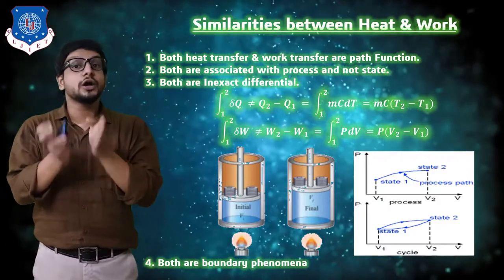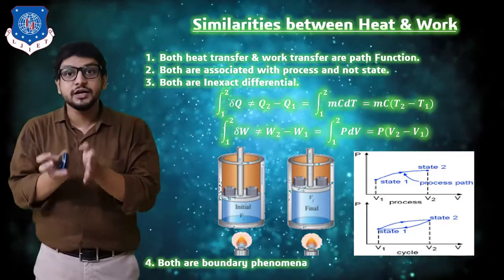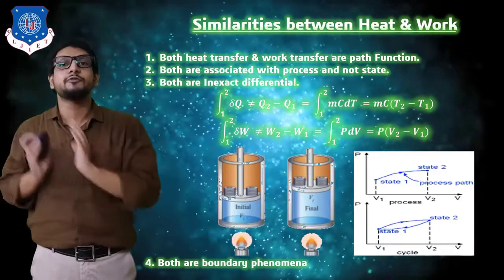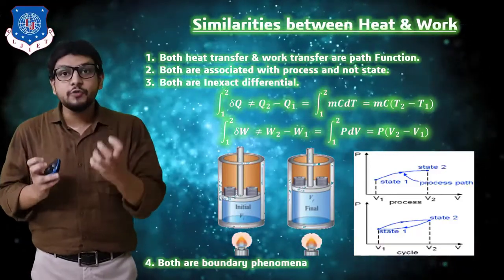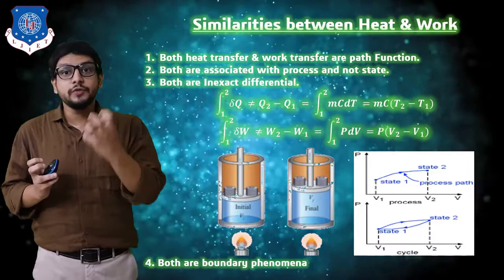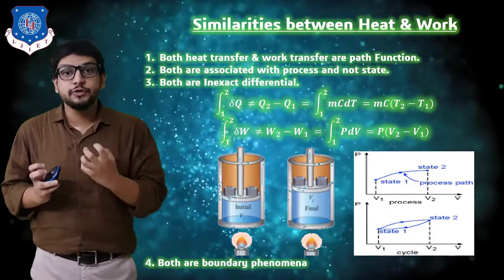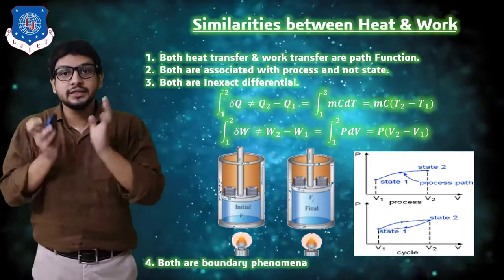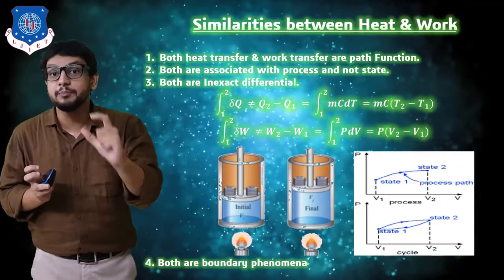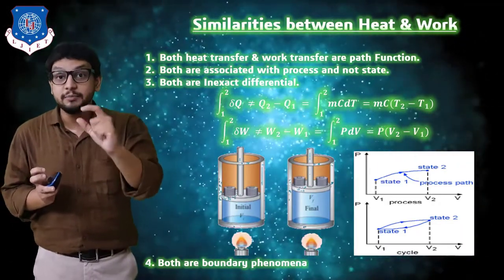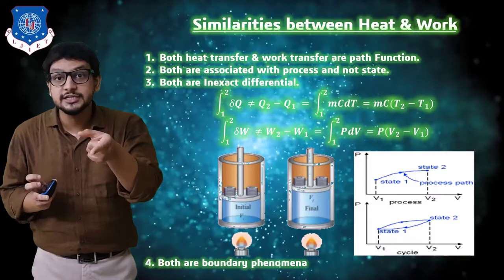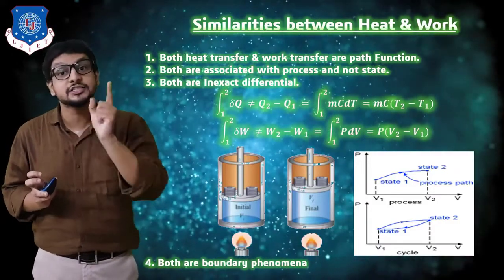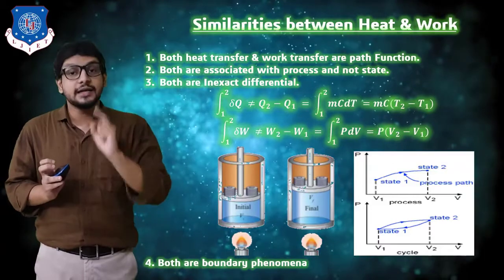I am going to convert this heat transfer into an exact form. We know the formula of heat transfer in which the property depends on a state, for example, Q is equal to m c delta T. In that delta T, there is a change in temperature. Temperature depends on a state, which means we can do integration as well as differentiation of this temperature term.